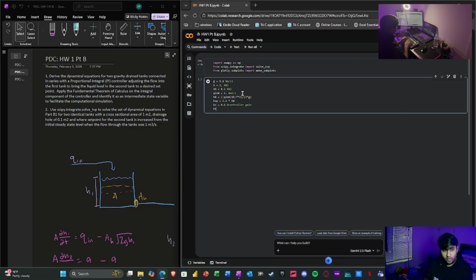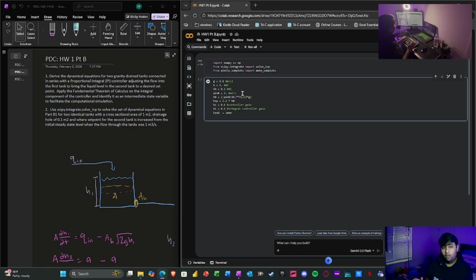And then we have our new parameter for the integral controller, and put that as 0.1, and label this as our integral controller gain. And also label our t end, which is 1000. It's essentially just saying how long the simulation is going to last.